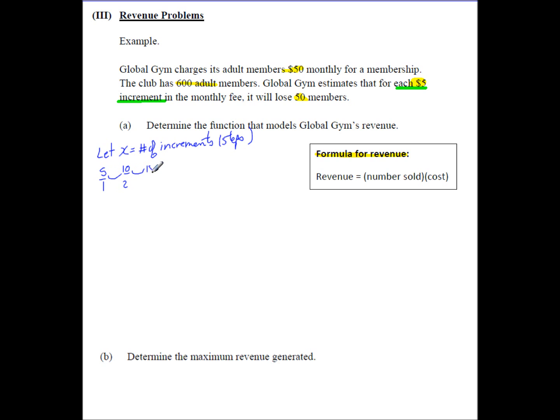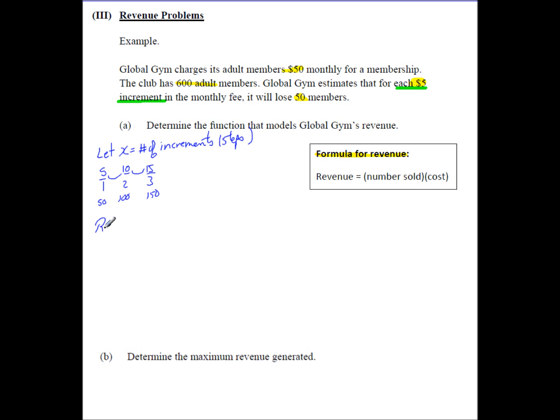If the fee went up an extra $15, that's 3 increments. And each time it goes up by an increment, you're losing 50 people. So first time it goes up $5, you lose 50. When it goes up an extra $10, you lose twice this amount, 100 people. And if you put the fee up an extra $15, for each $5 you go up, you're losing 50, so you would lose 150.